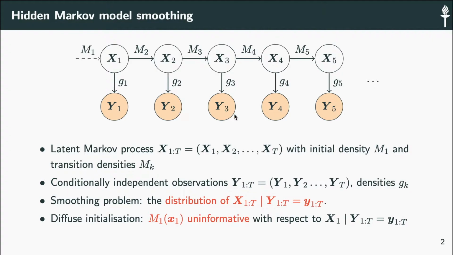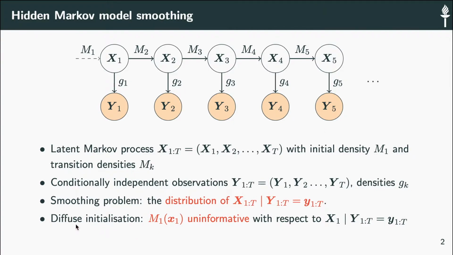And a sequence of observations that are conditionally independent observations of each state with densities G1, G2, G3, so forth. And the smoothing problem is that we want to make inferences or look at the conditional distribution of the latent state given all the observations.